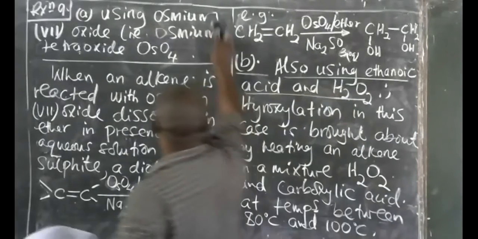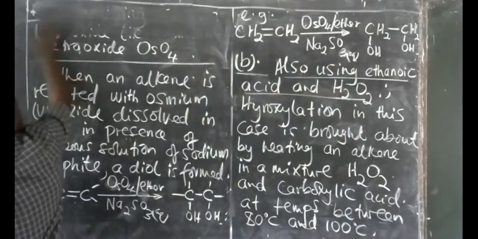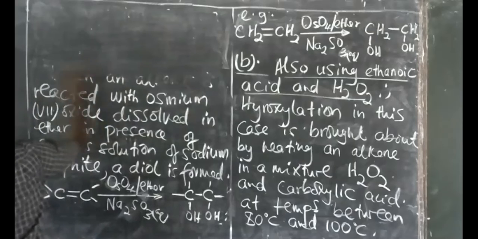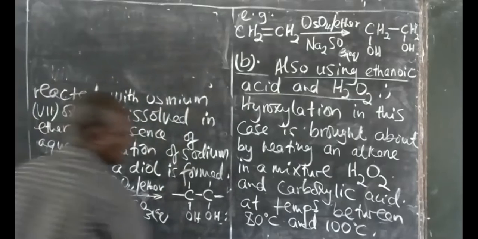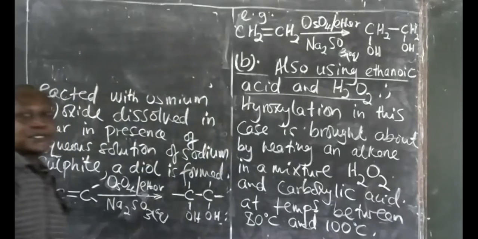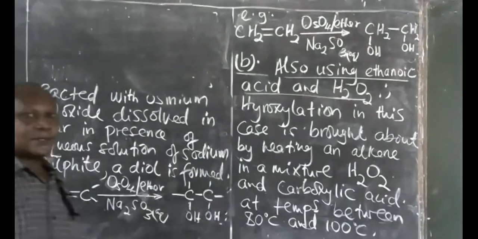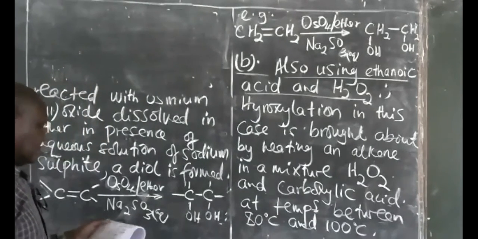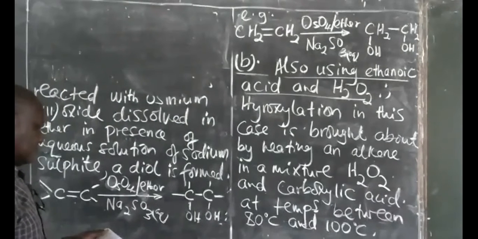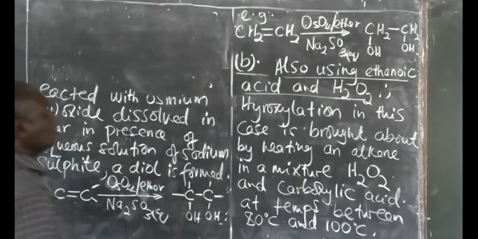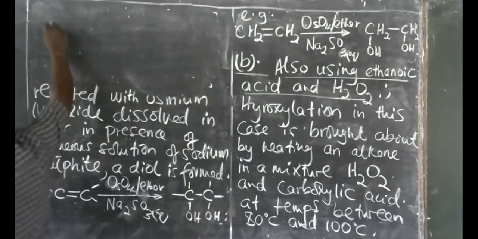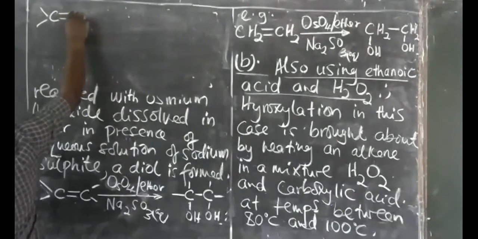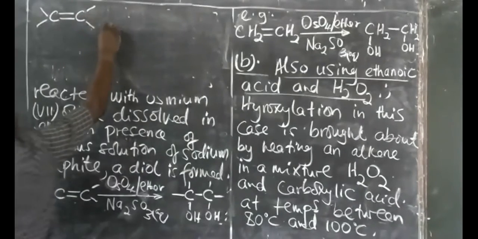So in that case, we are going to have... Teacher, 80 and what degrees? 80 and 100 degrees Celsius. Thank you. Okay. So, if we have the alkene, we don't have to write the whole thing now. That is our alkene.